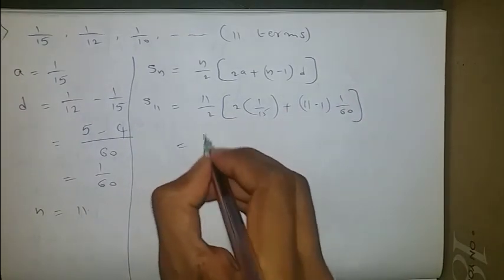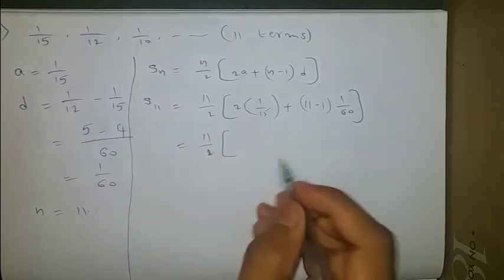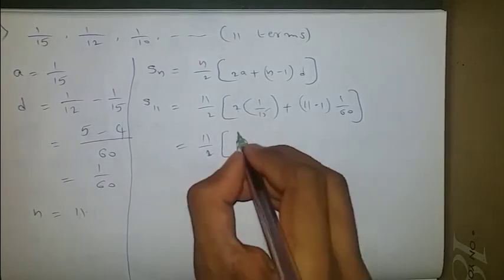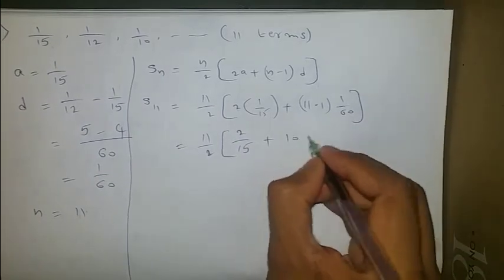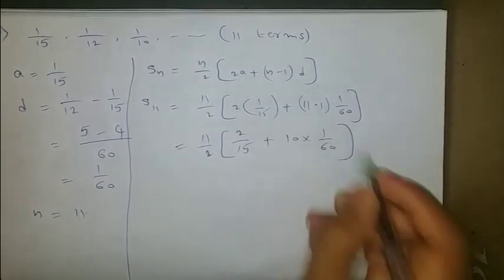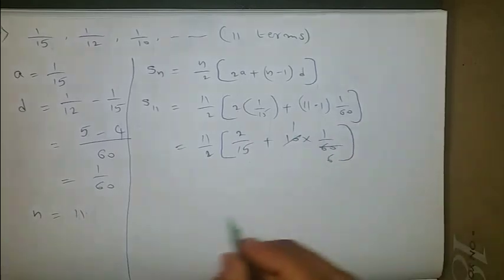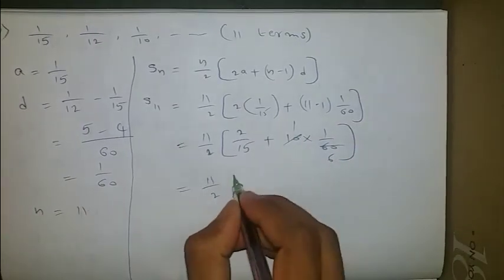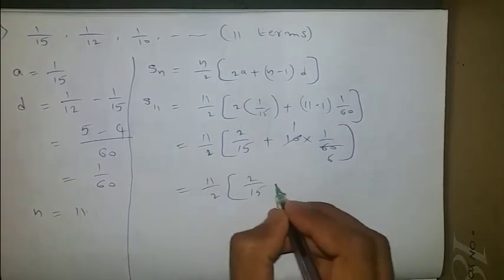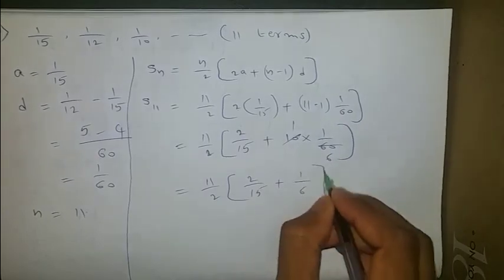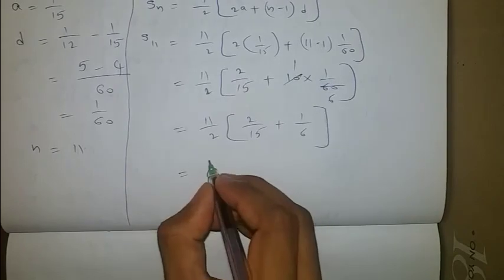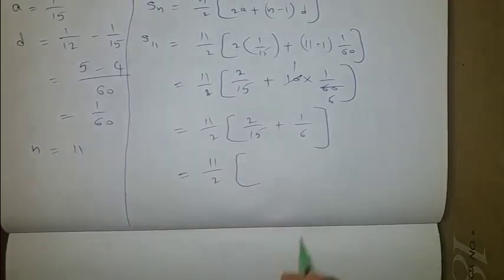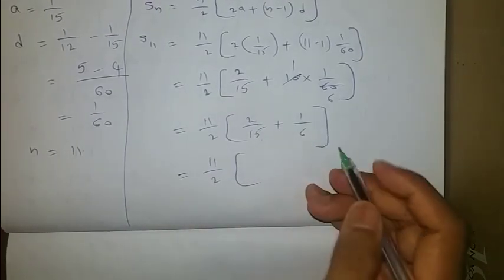Which equals 11 by 2 into 2 by 15 plus 11 minus 1, 10, into 1 by 60. 10 ones are 10, six tens are 60, so 1 by 6. So we remain with 11 by 2 times 2 by 15 plus 1 by 6.